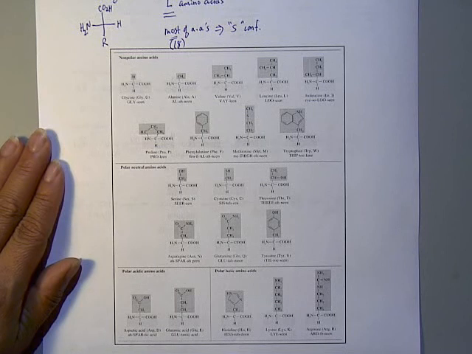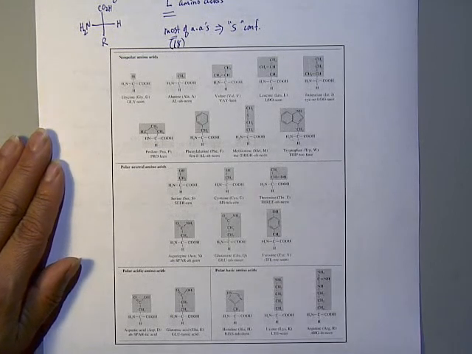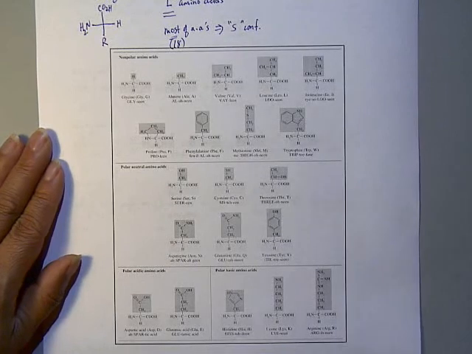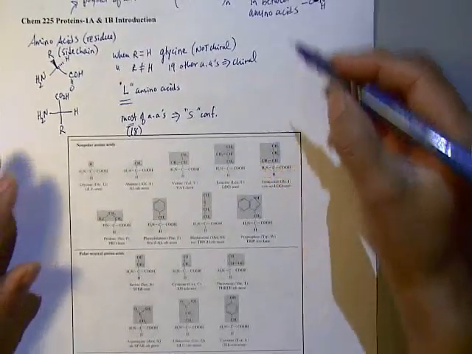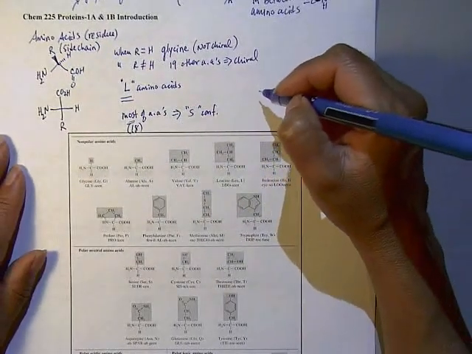I'm not going to have you do that yet. You will do that eventually in biochemistry. I want you to focus on the chemistry of amino acids rather than spend your time memorizing these side chains.